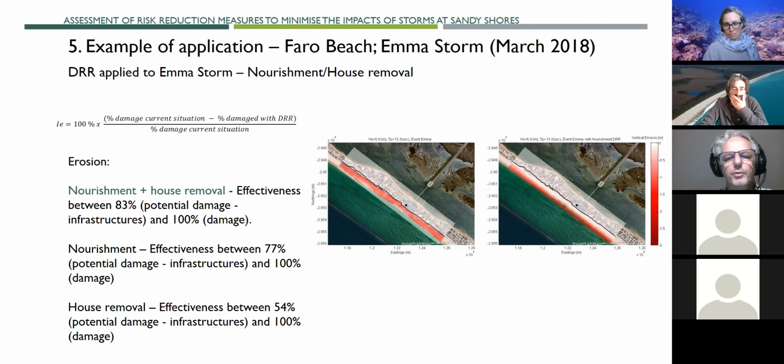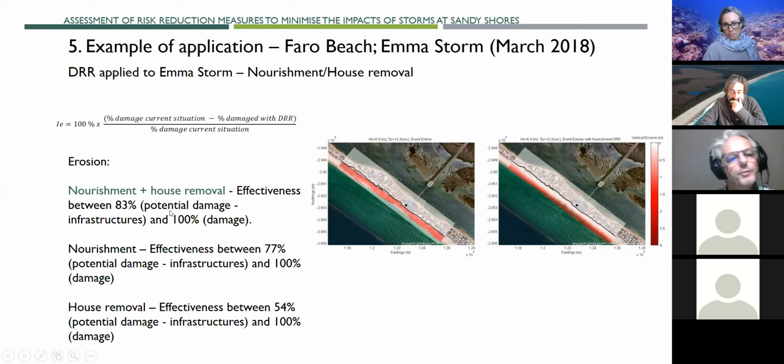So no structures would be damaged if these coastal measures would be in place.